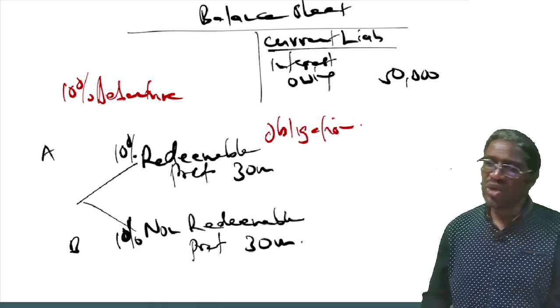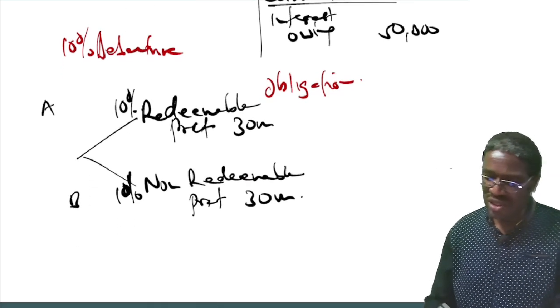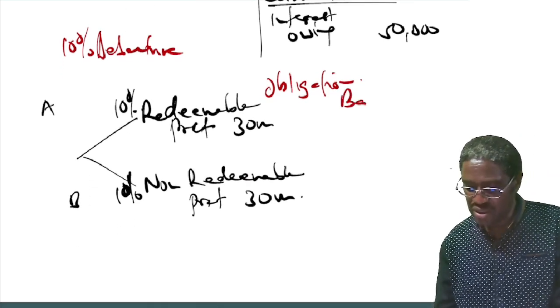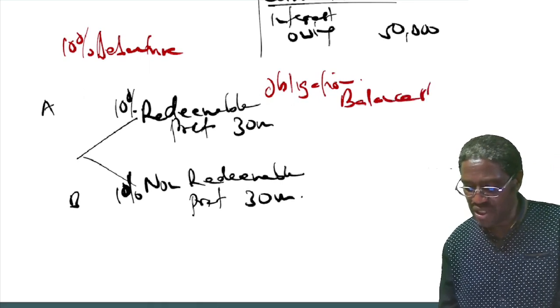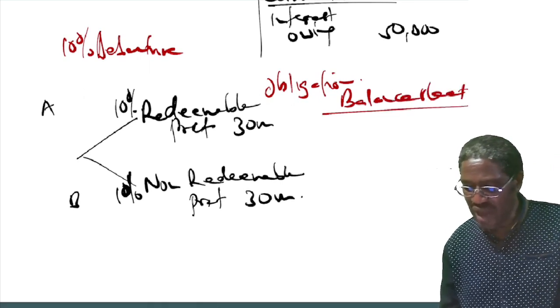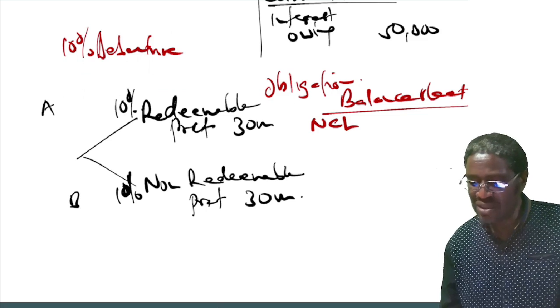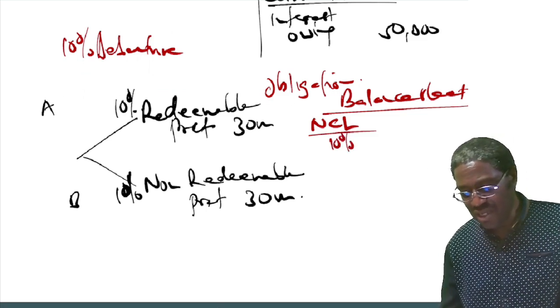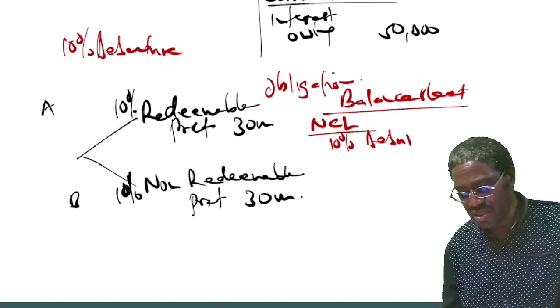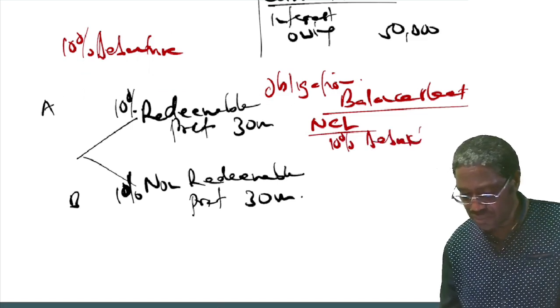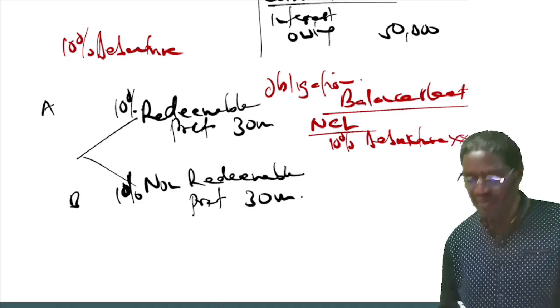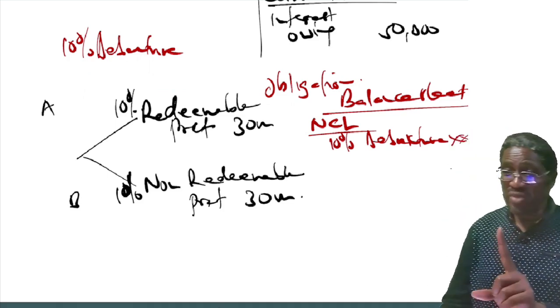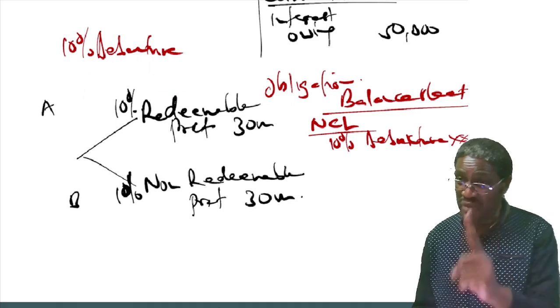So they will normally take that debenture to the balance sheet, among the non-current liabilities. So among the non-current liabilities there, the company will have a 10% debenture, whatever the amount. Why? Because they have an obligation to pay back.